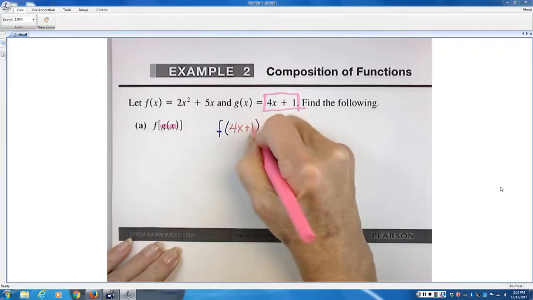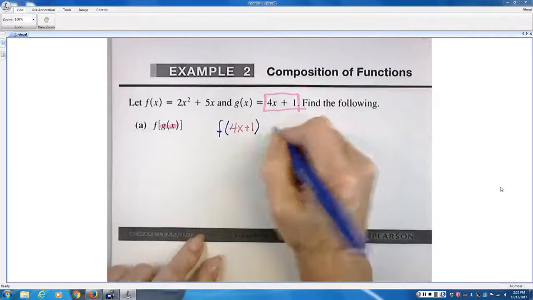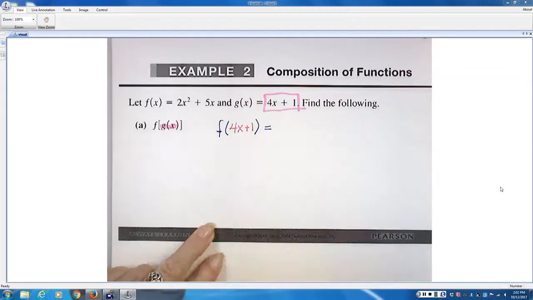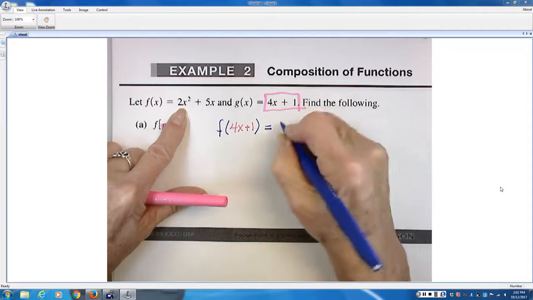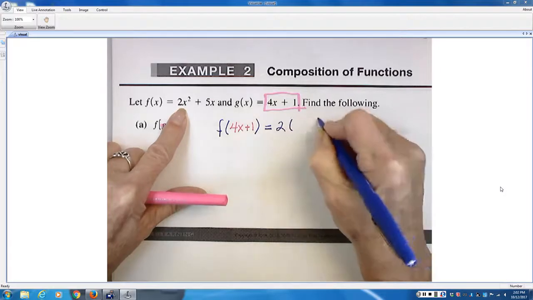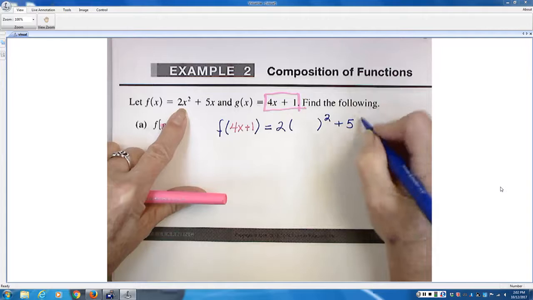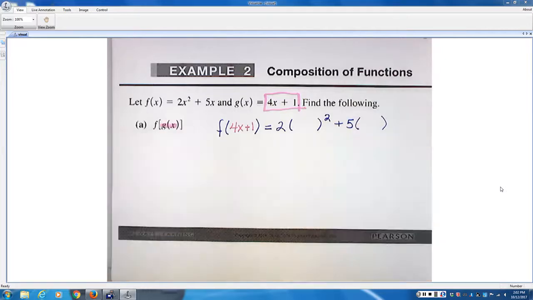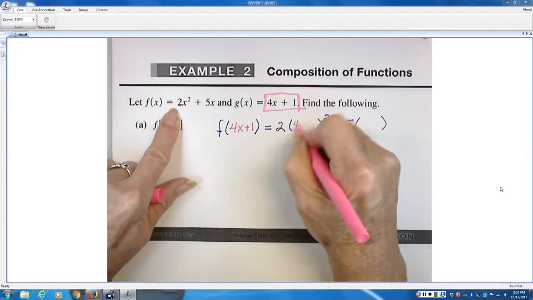And what f does is it takes whatever is in those parentheses, whatever its input is, and it squares it and multiplies it by 2. And then it multiplies it by 5. So in place of x, we put 4x plus 1.